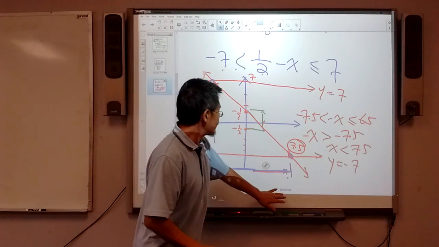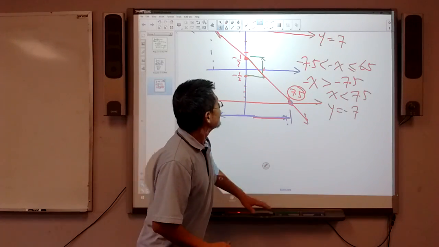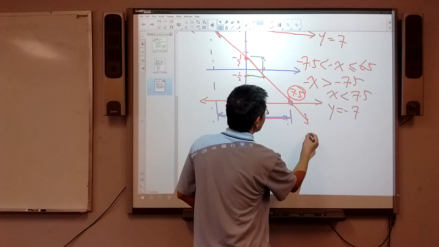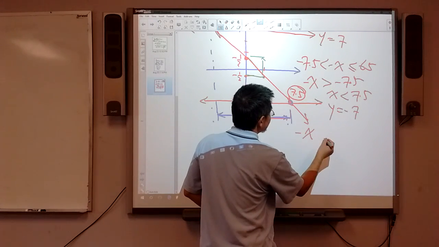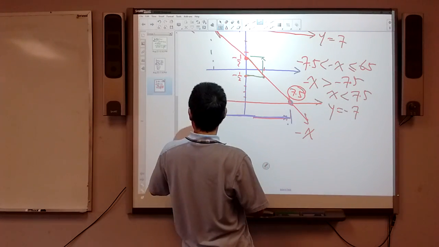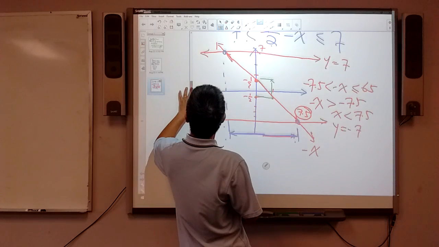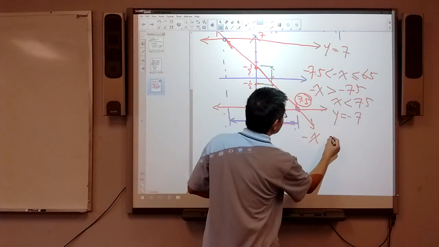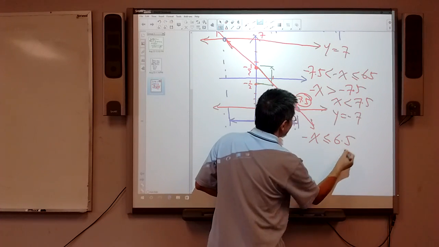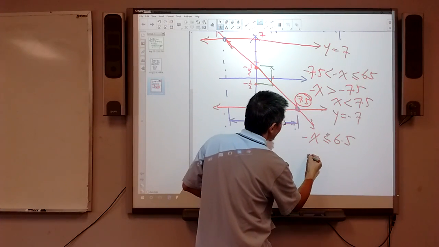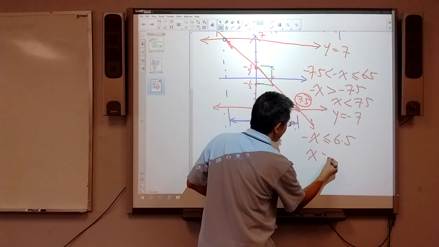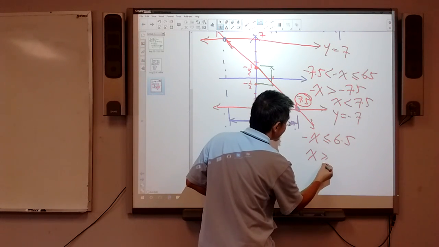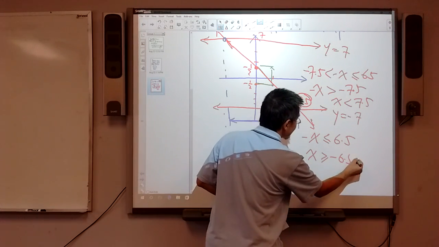And how about the other one? Negative x has to be, what do we get there? Less than or equal to 6.5. Then we multiply by negative 1, so x has to be greater than or equal to negative 6.5, right?